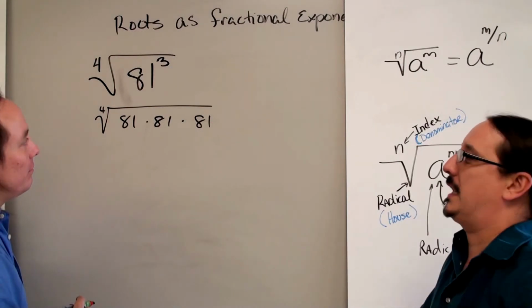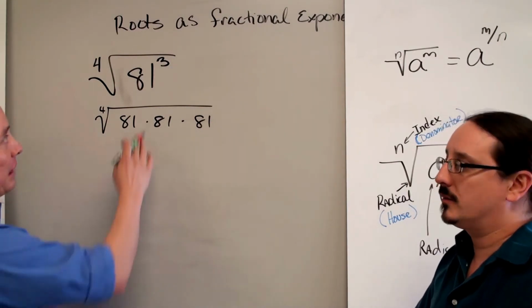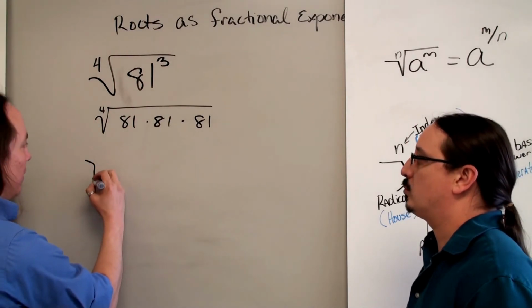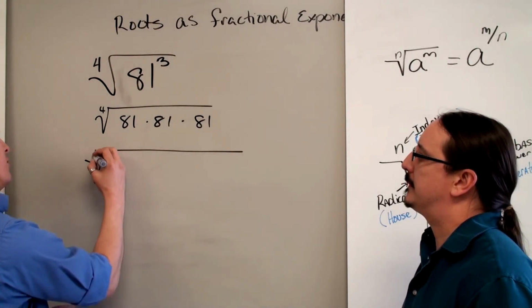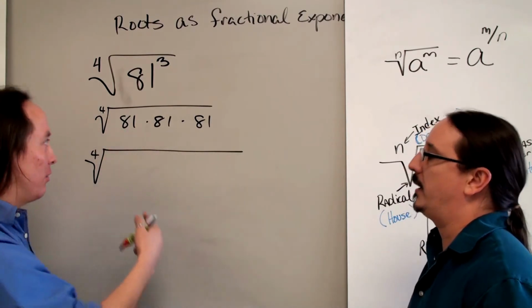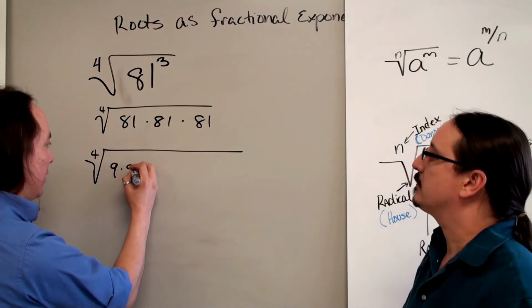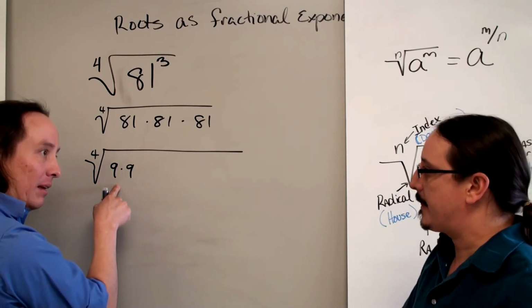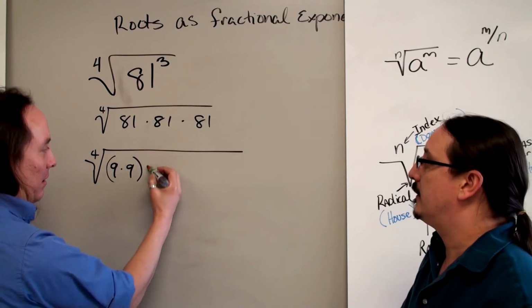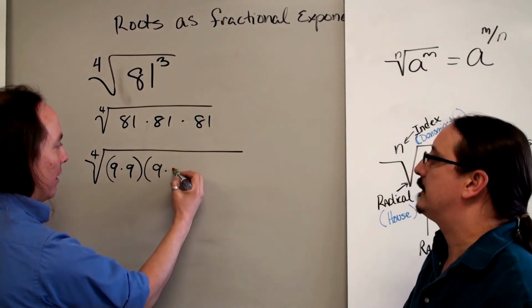Oh, I see where you're going with this, I like this. I can do that, that's what this says. Or I could say, I'm going to put my little 4, 81 is 9 times 9. So that's 81, and I have 3 of these. I'm going to tie them together like that.